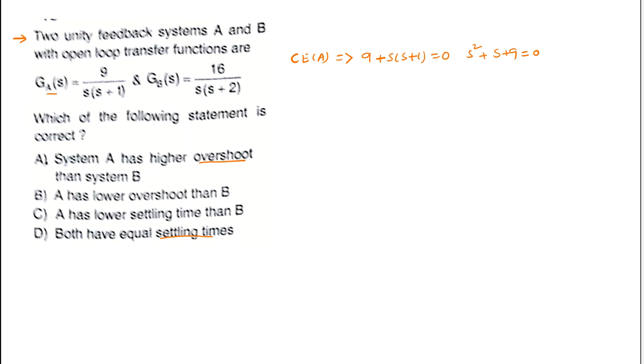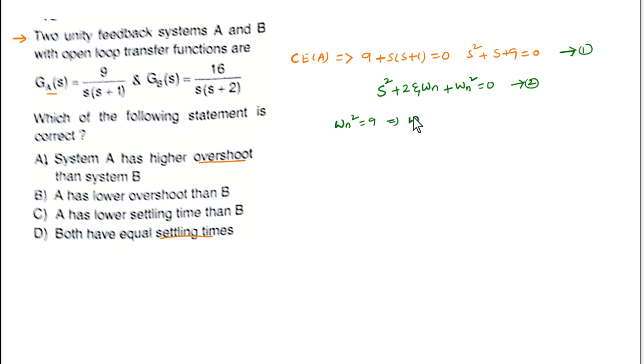Okay, so when we compare with the standard second order equation, the equation will be s square plus 2 zeta omega n s plus omega n square is equal to 0. So if you compare this equation, let me call this equation 1, and this will be 2. Comparing 1 and 2 here, what you'll get is omega n square is nothing but 9.